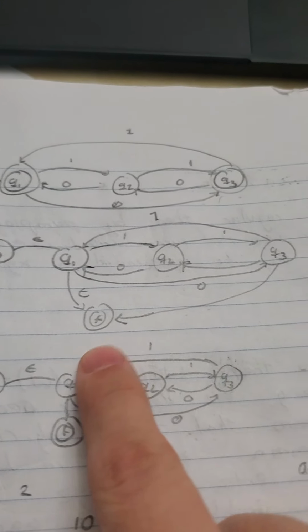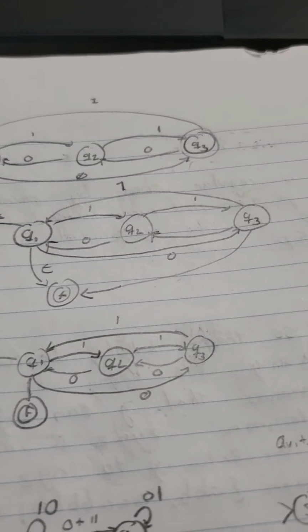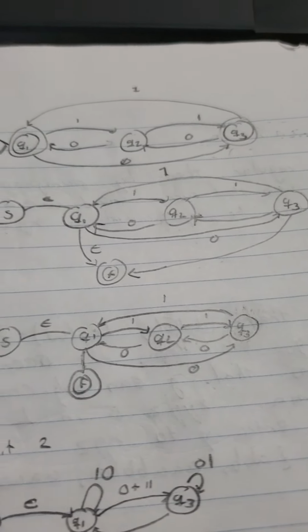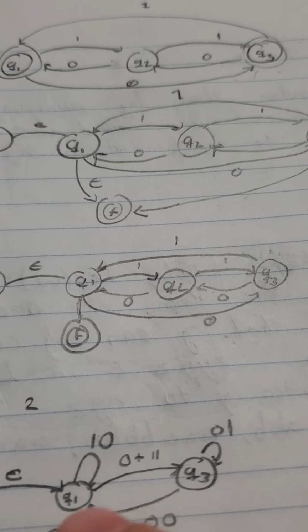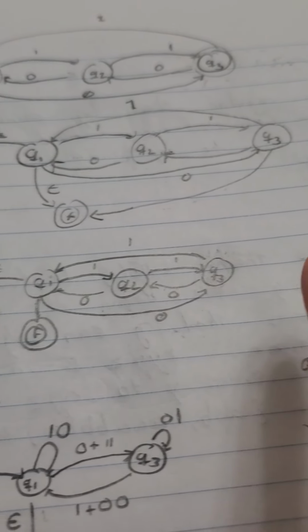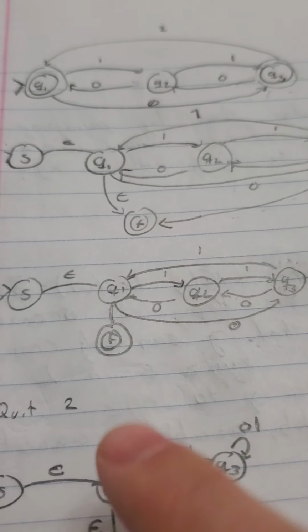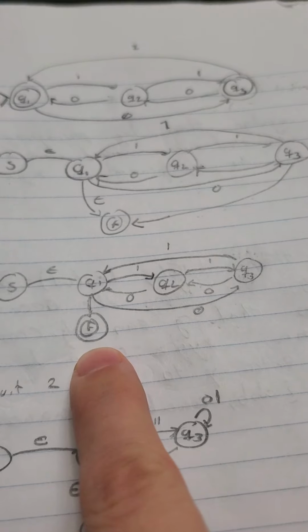What I did here is pretty much the same, but I reduced the work, because as we know, Q1 is already connected to the final state, and Q3 is connected to Q1, which is already connected to the final state. So that can simplify everything.